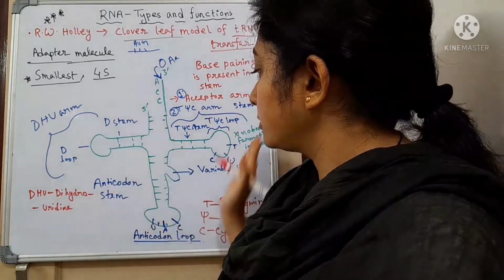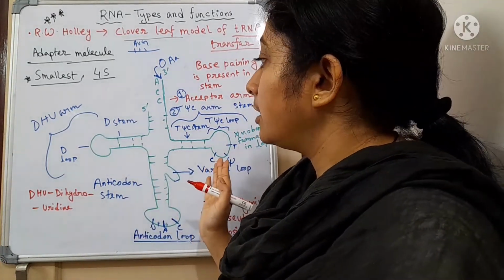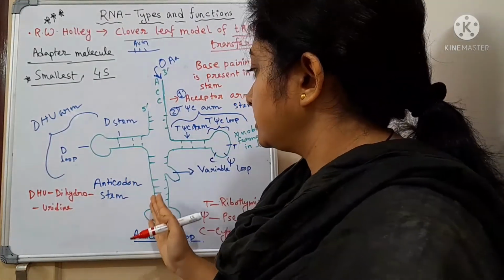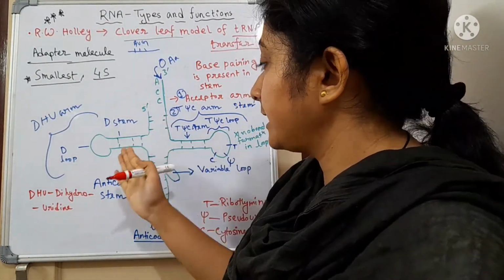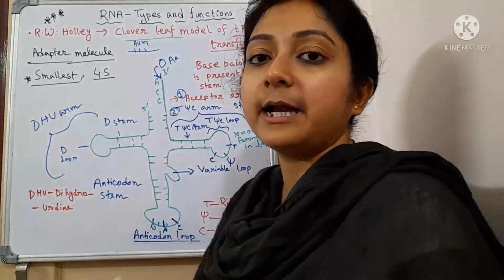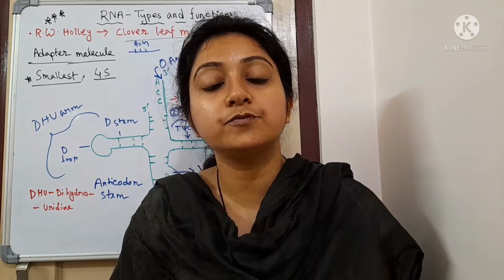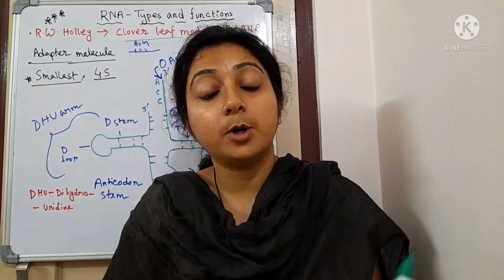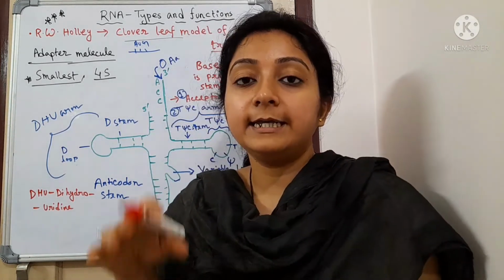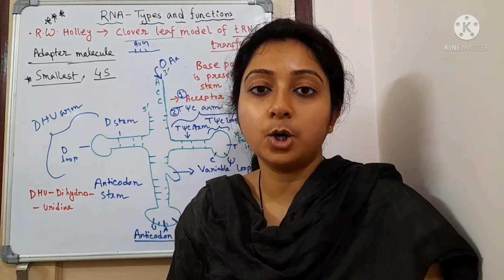So this is all about the cloverleaf structure of tRNA. In this structure, as the stems run parallel to each other, it is easier for the nitrogenous bases to form base pairing among complementary bases, and in the loops no base pairing occurs.